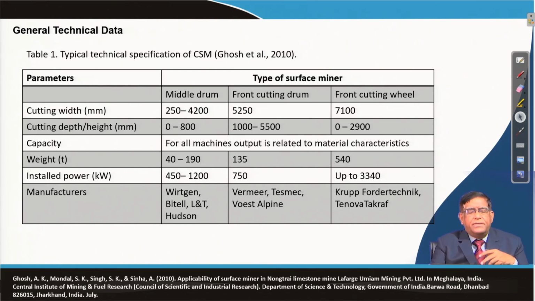The machines can weigh as low as 40 ton for small machines to some 540 ton for very heavy big machines for cutting in very hard rocks also. Now, the installed power capacity depends on the rock strength and the expected production rate, so you will have to decide the total installed power. You can find between 450 to 1200 kilowatt electric motors installed over there, and it can do the work.